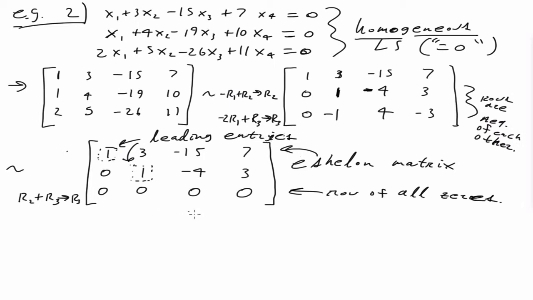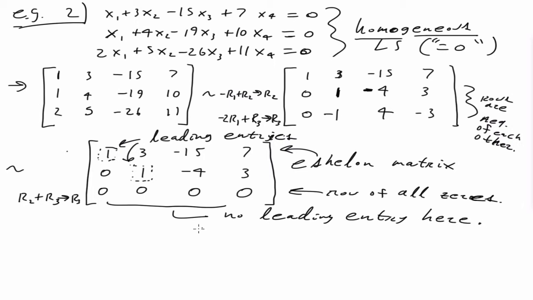Okay, so those are my leading entries, and we see basically what it shows here, there's no leading entry here on this third row. And that just happens sometimes.